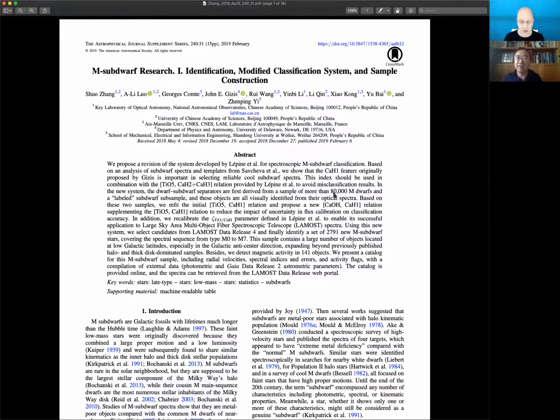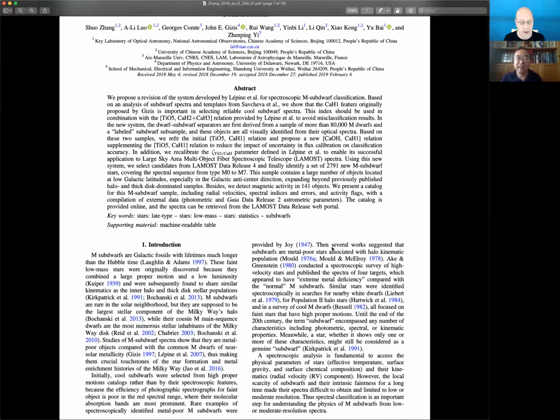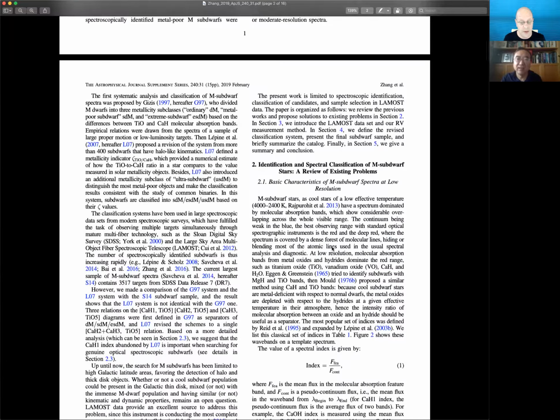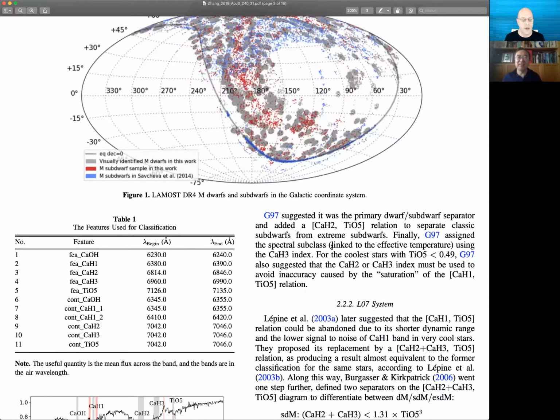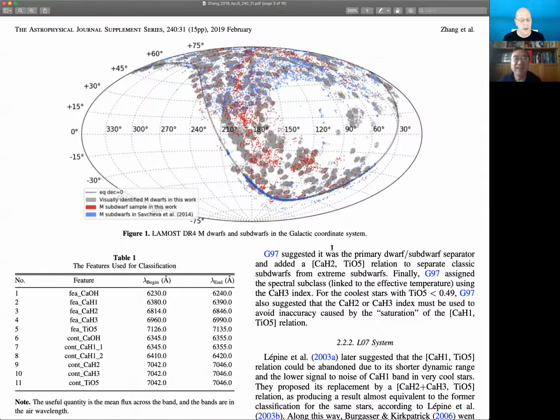Figure 1. Okay. Let's blow this up a little bit. Yes, this is Figure 1. We can see the footprint of the LAMOST survey, DR4.